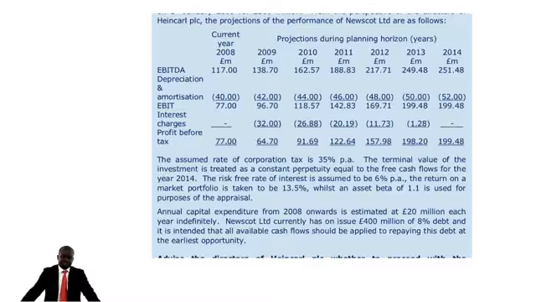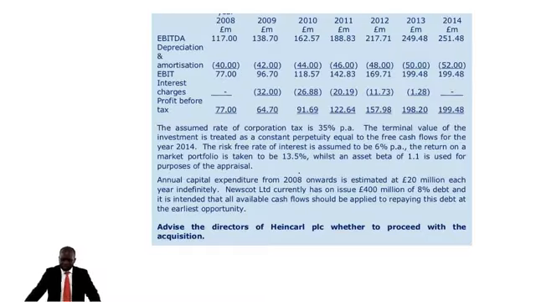Profit before interest and tax, depreciation and amortization. Depreciation and amortization, profit before interest and tax. Interest charges, profit before tax. The assumed rate of corporation tax is 35% per annum. The terminal value of the investment is treated as a constant perpetuity equal to the free cash flows for the year 2014.